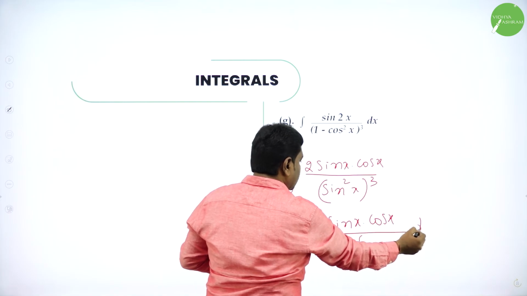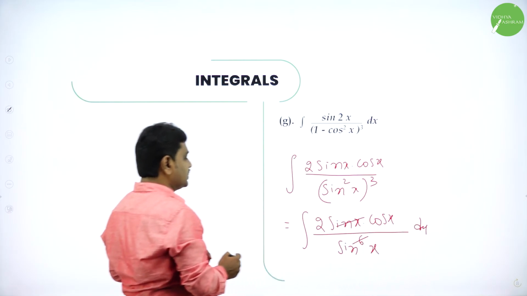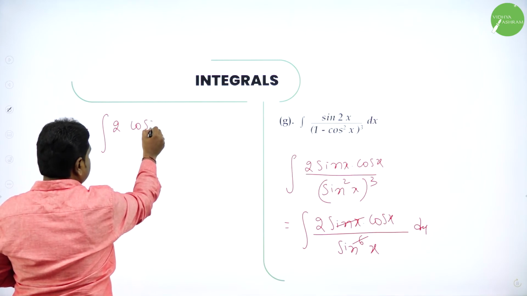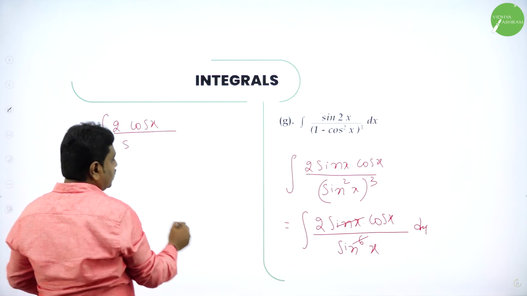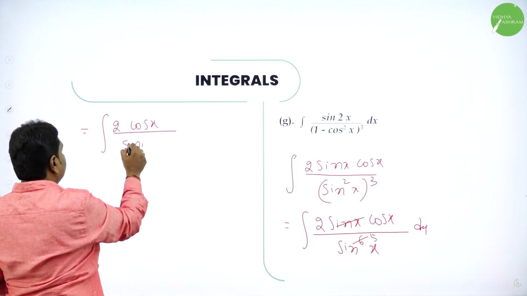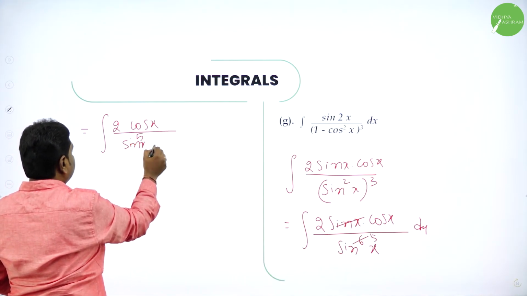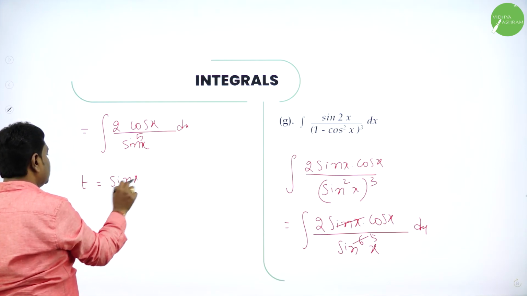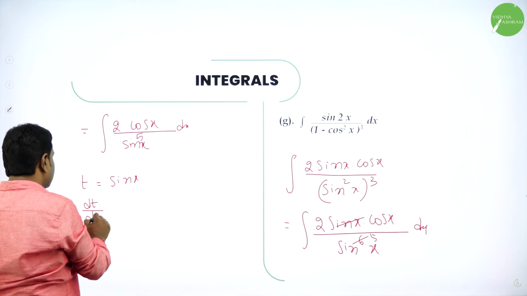Now I am not integrating yet, one sin cancels. So you are left with integration of 2 cos x divided by sin power 5 x dx. Now take t is equal to sin x, differentiate, dt by dx is cos x.